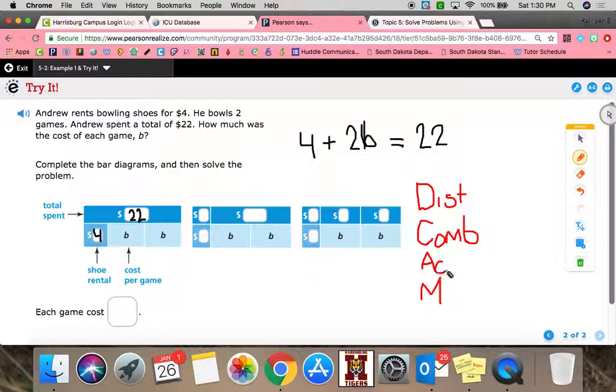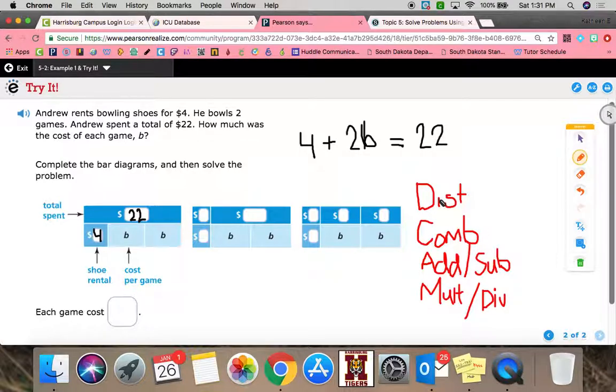Then we add/subtract, and then we multiply/divide, there's our D for divide. So that's the order of operations that we use when we're solving equations.